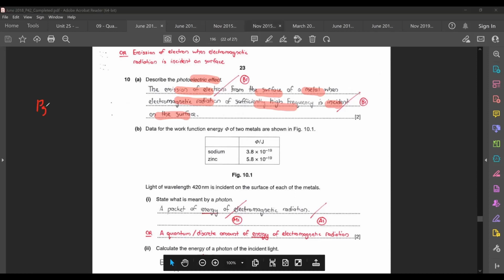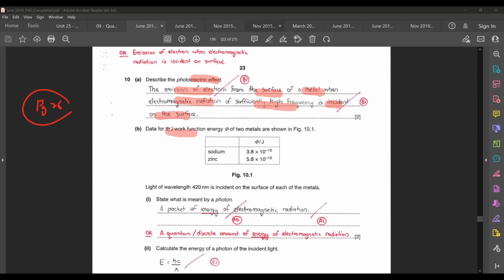Now, if you look at part B on page 26, data for work function energy phi for two metals is as shown. You have sodium, you have zinc. Light of wavelength 420 nanometer is incident on the surface of each of these metals. Now, state what is meant by a photon. A photon is simply a packet of energy of electromagnetic radiation.